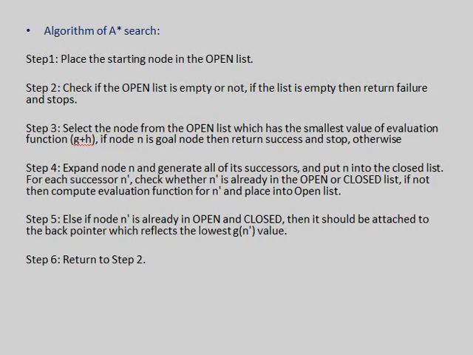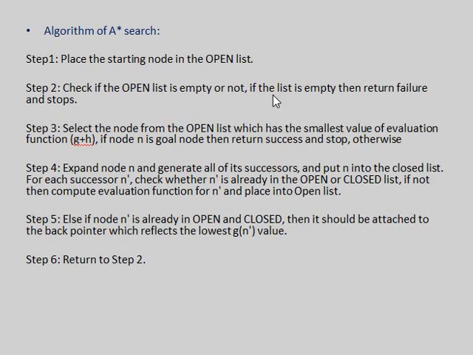Okay, so let's see the steps for the A star search algorithm. The first step is to place the starting node in an open list. In the case of all heuristic search algorithms, we maintain these two lists, open and closed list. The second step is to check if the open list is empty or not.